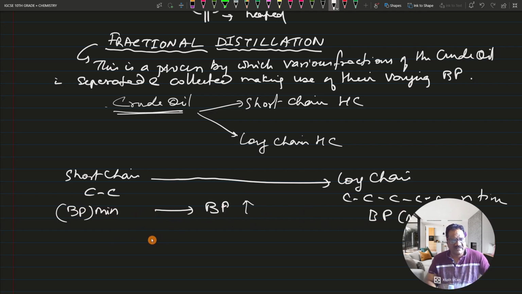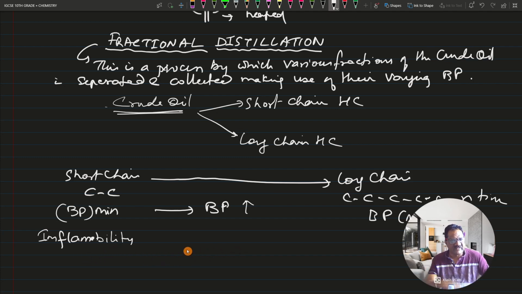Now, there is something called flammability, or you can say inflammability. Inflammability is a property by which a compound gets burnt very easily. How easily a compound can start burning, that is known as inflammability.